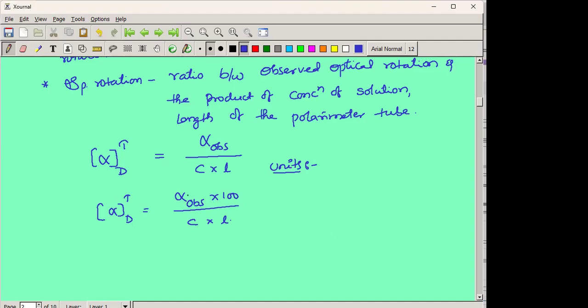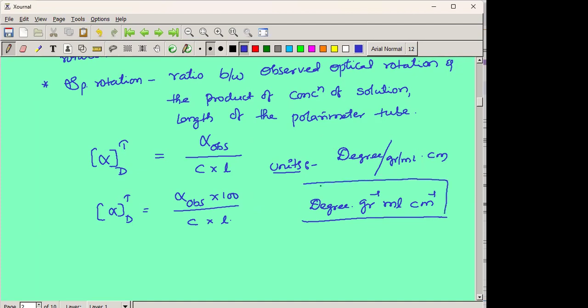The rotation will be considered in degrees. The angle of rotation is in terms of degrees. Concentration is generally taken in gram per ml, and the length of the polarimeter tube is in centimeters. So simply the unit is degree, with gram per gram, ml per ml, and centimeter per centimeter.